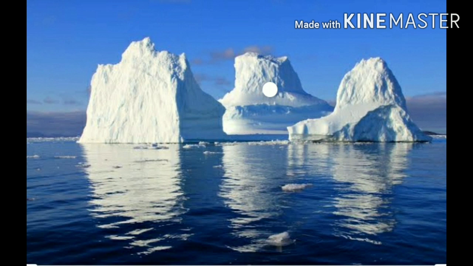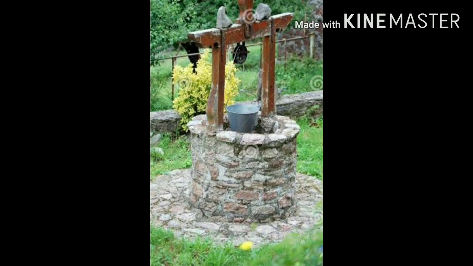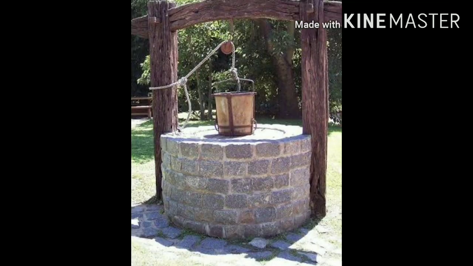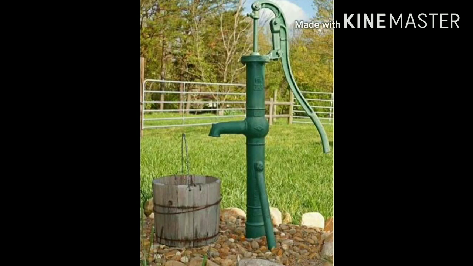There are also huge blocks of ice floating in the sea. They are called icebergs. Besides these water bodies on the Earth's surface, there is a lot of water stored in the underground layers of rock. It is called groundwater. We reach it by means of dug wells and bore wells.